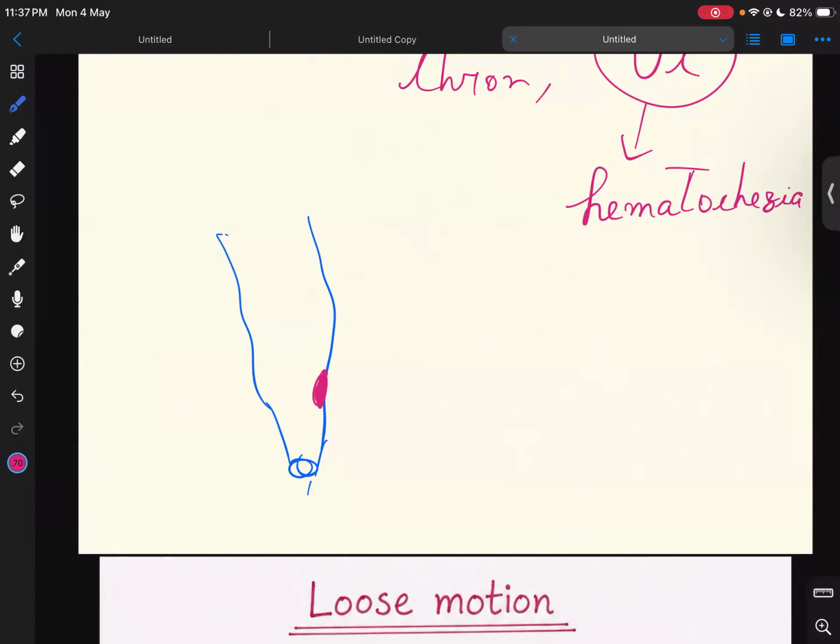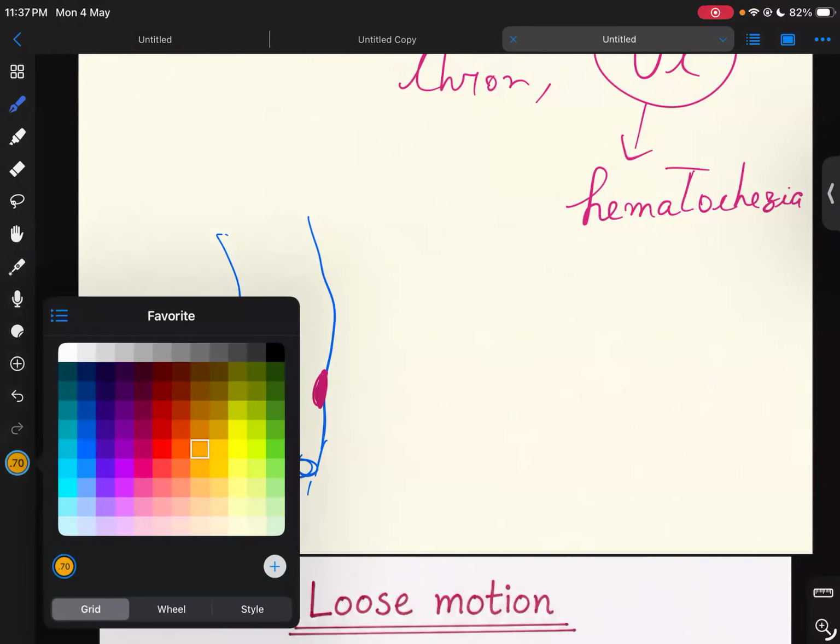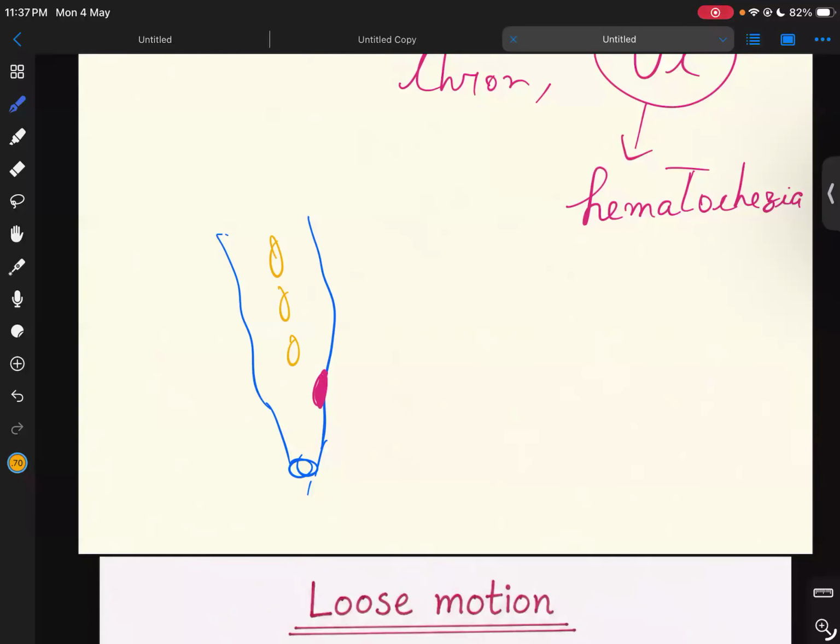Usually, when the fecal matter comes through this way and comes in contact with this rectal wall, we feel the sense of evacuation. We have to open our bowel. After it becomes empty, we feel that we have opened the bowel completely.